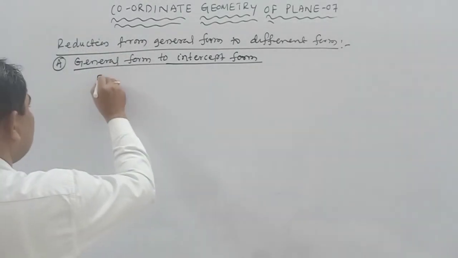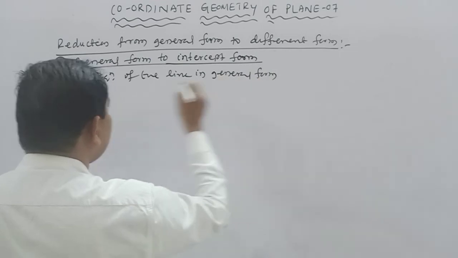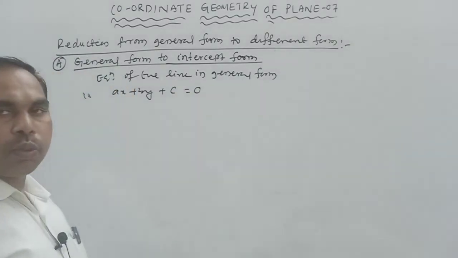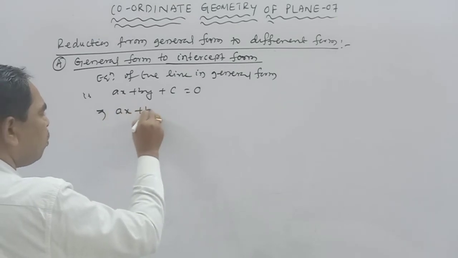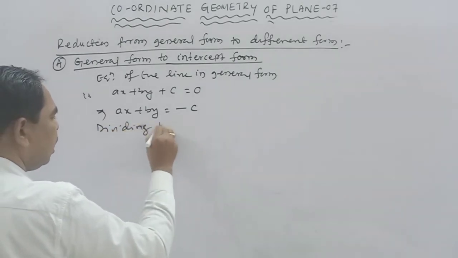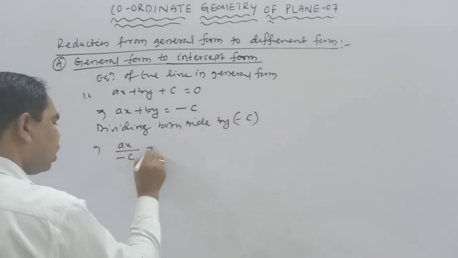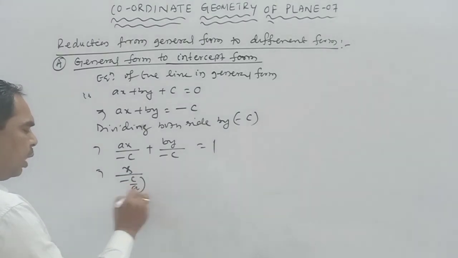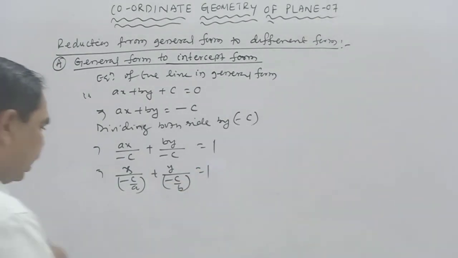Okay, so the equation of the line in general form is ax plus by plus c is equal to 0. We reduce it to intercept form. So x divided by a plus y divided by b is equal to 1. This implies ax plus by is equal to minus c. Dividing both sides by minus c, ax divided by minus c plus by divided by minus c is equal to 1. So this implies x divided by minus c by a plus y divided by minus c by b is equal to 1, which is in intercept form.